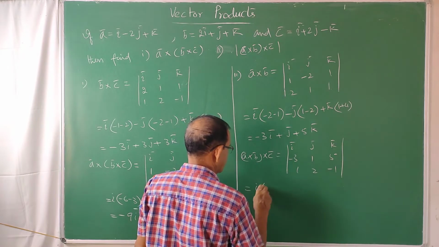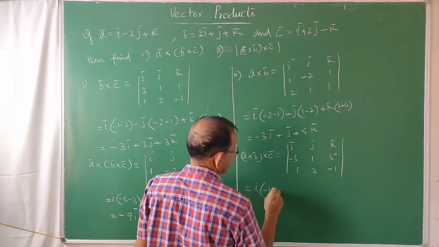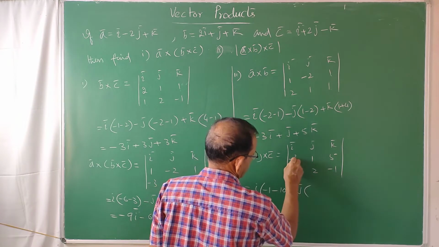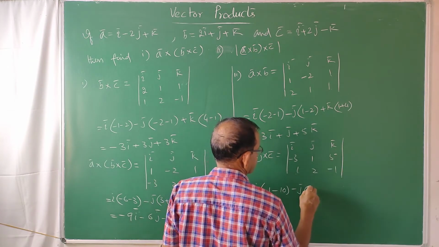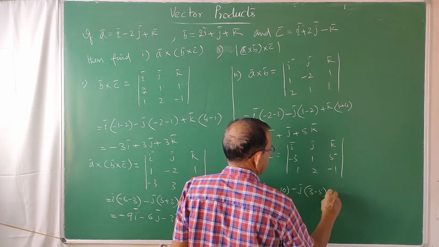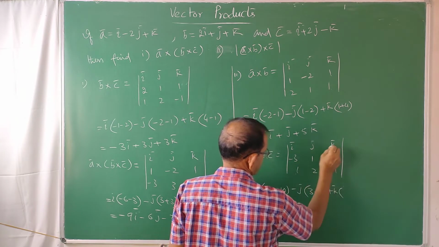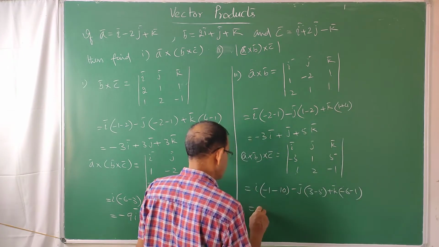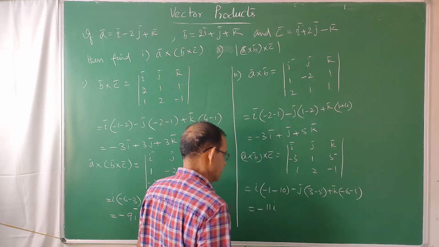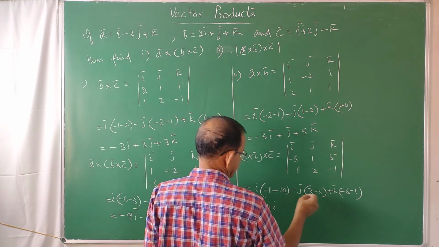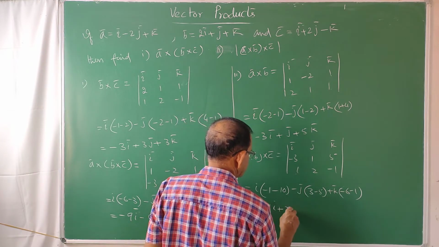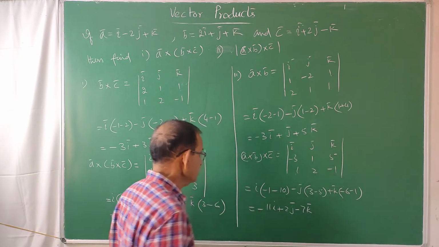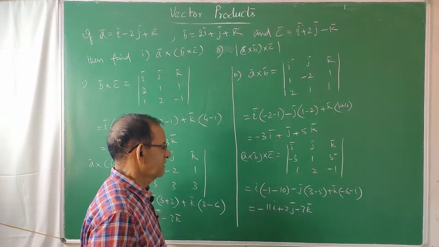I bar into minus 1 minus 10, minus j bar into 3 minus 5, plus k bar into minus 6 minus 1, equal to minus 11 i bar, 3 minus 5 is minus 2, into minus j, that is plus 2 j bar minus 7 k bar. This is a cross b cross c.